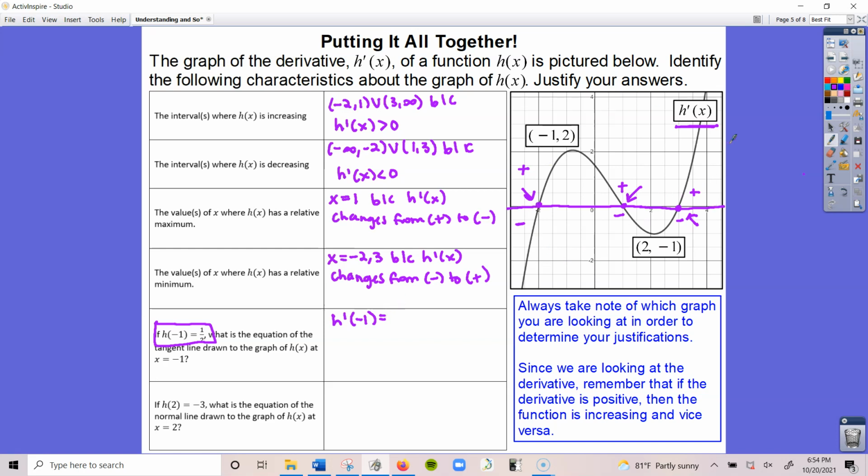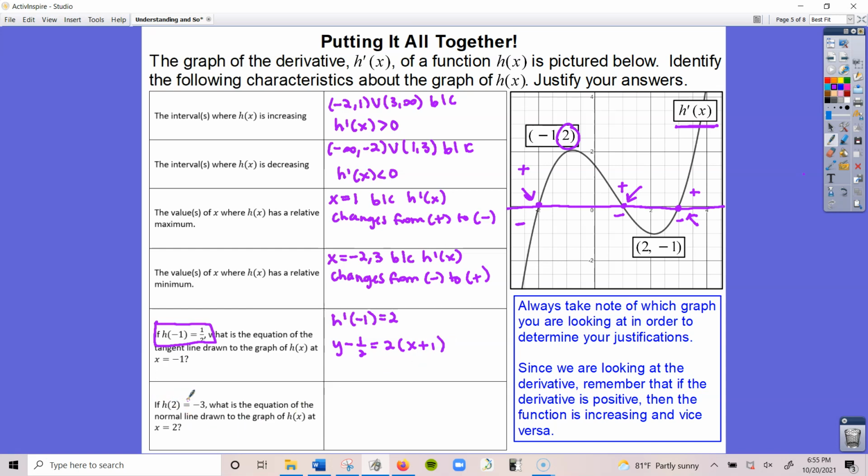Since this is the graph of h prime, that means that h prime of -1 is 2. I just look at my y value when x is -1. So my equation would be y minus 1/2, because that's for my point of tangency, equals 2 times x minus -1, so plus 1.